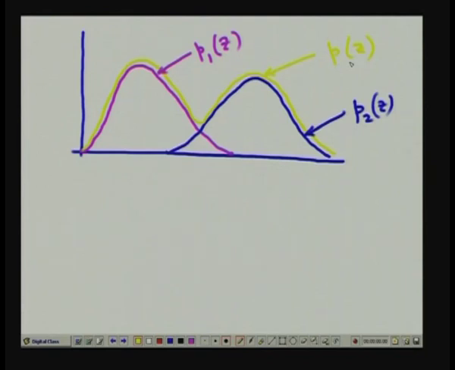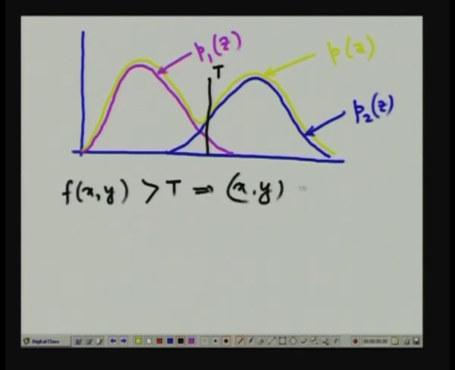So, in this particular case, if I choose a threshold t somewhere here, so this is my threshold t, and I say that if f x y is greater than t, then x y belongs to object.